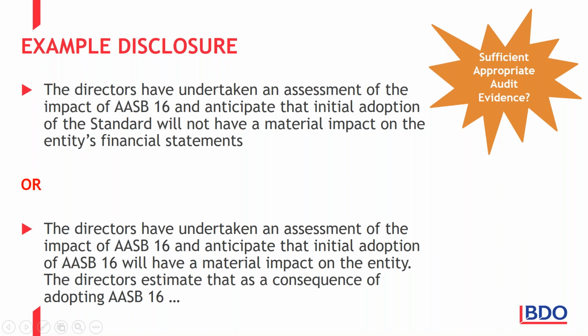The alternative, which is the better alternative, and I think quite often the case, is the directors have undertaken an assessment of the impact of AASB 16 and anticipate that initial adoption will have a material impact on the entity.